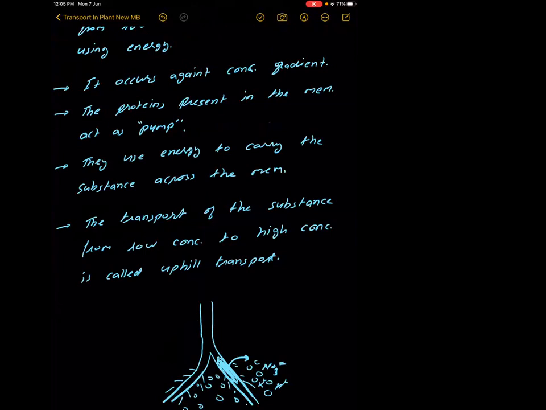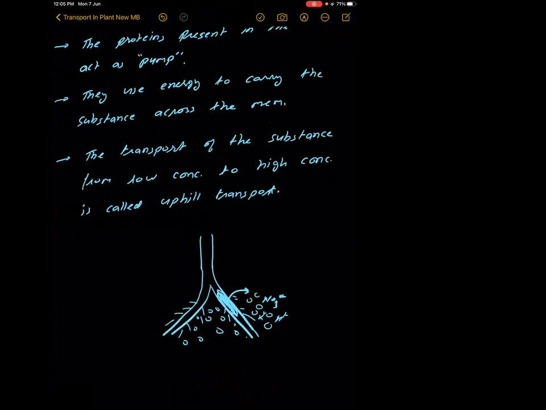In this case, the ATP is used by roots, and they absorb all these materials present in the soil, even in low concentration. So they start uphill transportation from low concentration to high concentration by using ATP. This occurs during absorption of minerals.